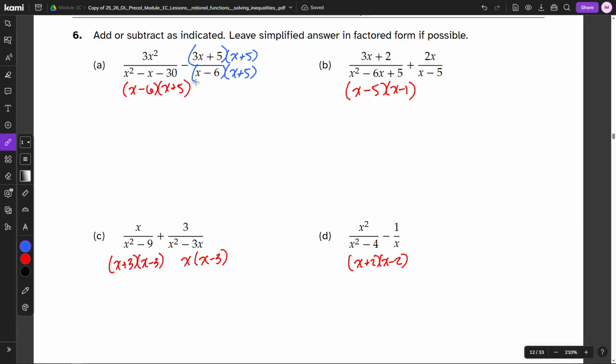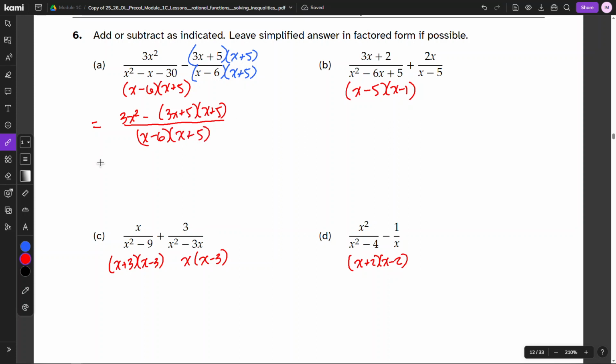And I don't need to multiply this side by anything because it already has an x minus 6 and an x plus 5. So for A, I'm going to have 3x squared minus 3x plus 5 times x plus 5, and the denominator is going to be x minus 6 times x plus 5.